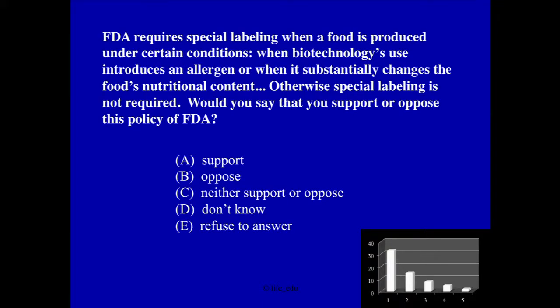The FDA requires special labeling of food when it's produced under certain conditions. Only under certain conditions would it be required by the FDA to label a product. The USDA and the FDA label products by content.